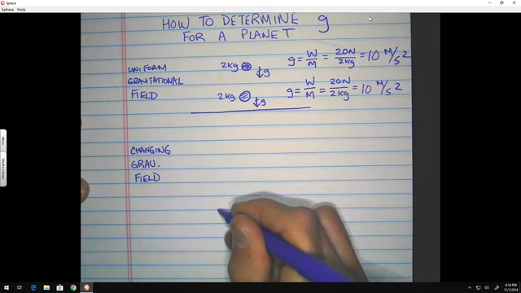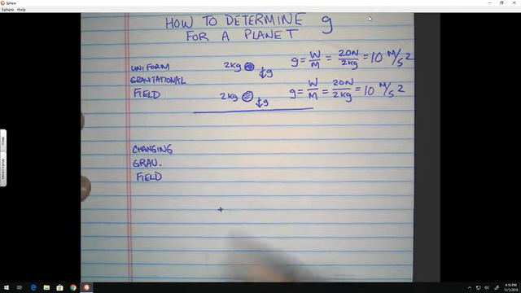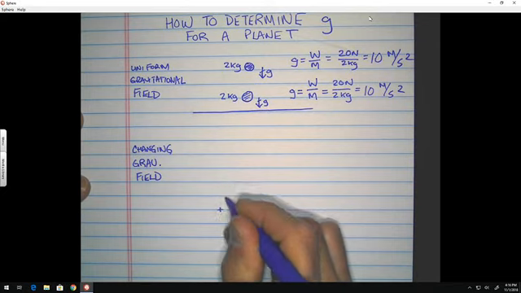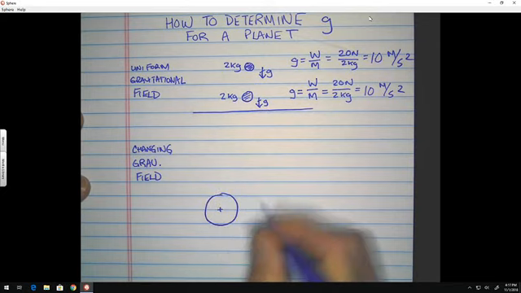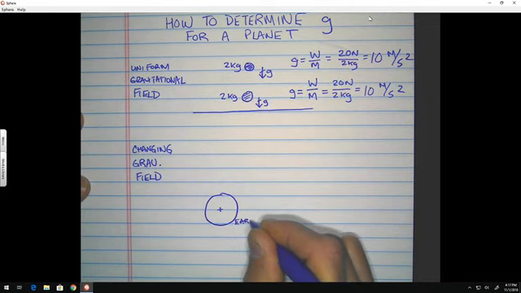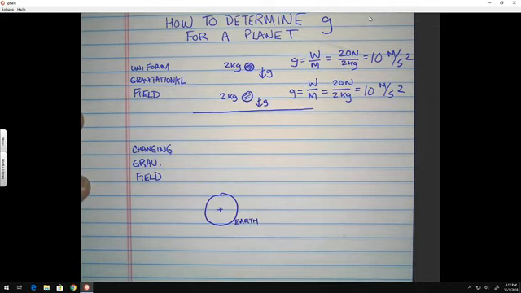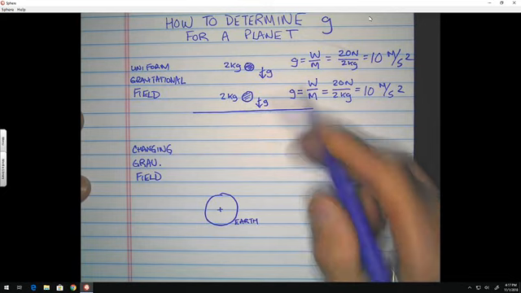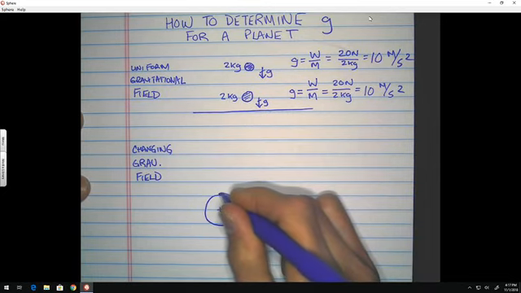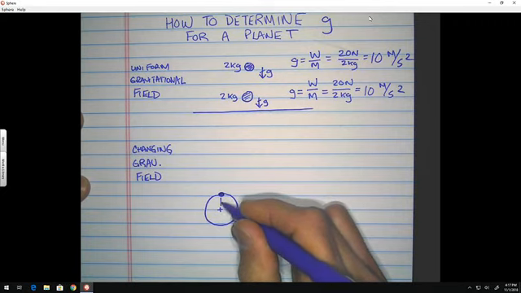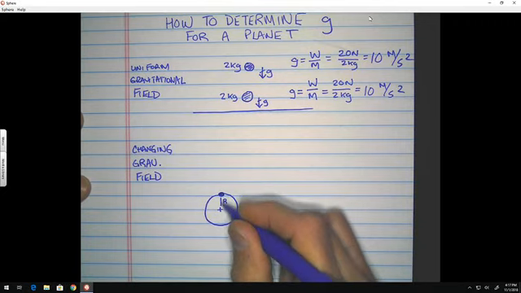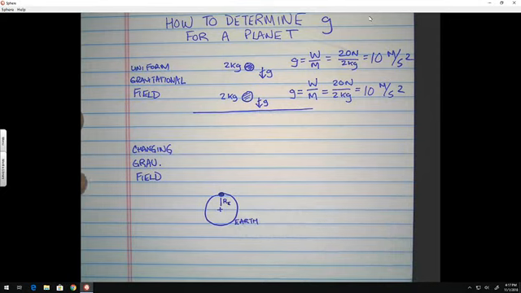So I'm going to draw the Earth here. It's supposed to be the Earth. And then I'm going to put my 2 kilogram ball at about 1 Earth radius, meaning it's going to be on the surface of the Earth.